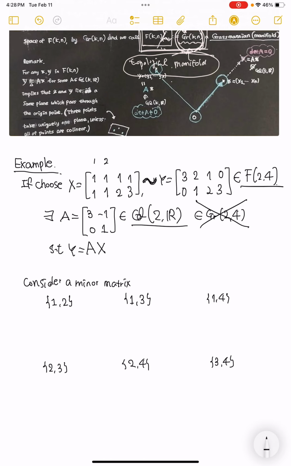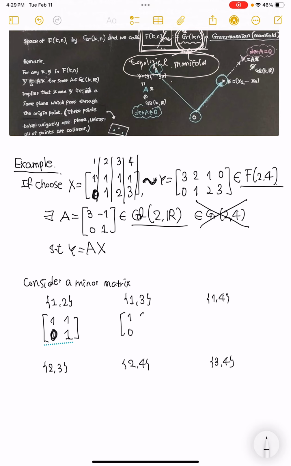How can we construct them? 1 2 means that column 1 and column 2 are taken, so we take the entries 1 1, 0 1.